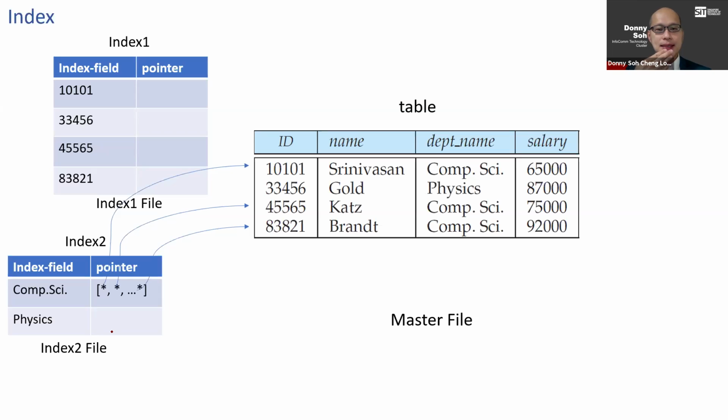So the pointer will point to individual records. In this scenario, the computer department name has an index built on it, so it will store in the index file multiple pointers, each pointing to a record that has the department name of computer science.